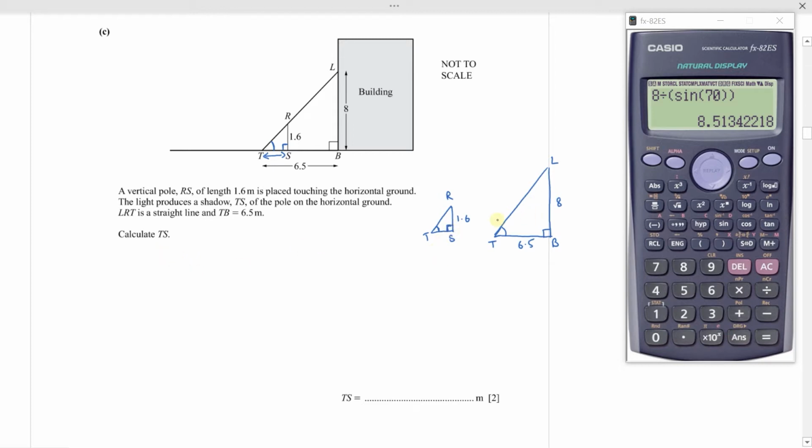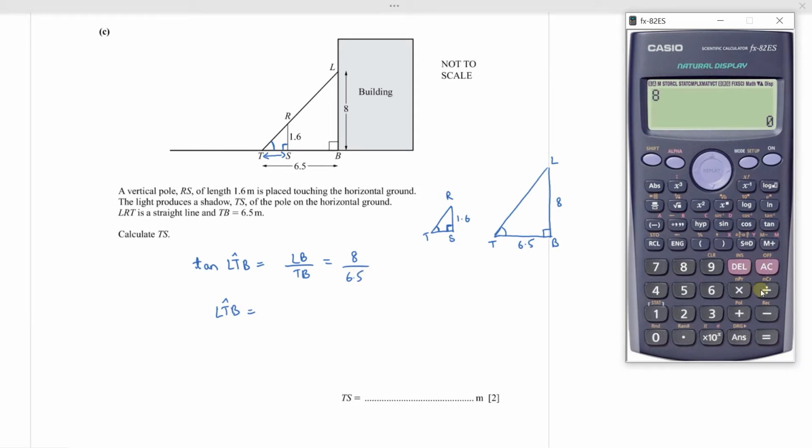So first, using this larger triangle, tan of LTB will equal the perpendicular, which is LB, divided by the base, which is TB. So LB is 8, TB is 6.5. So LTB angle will be tan inverse of this.